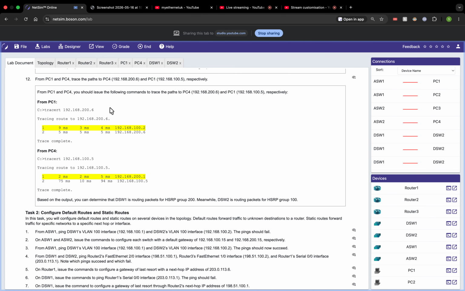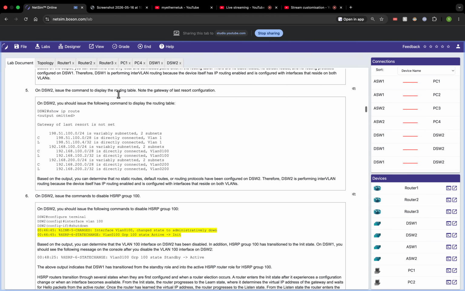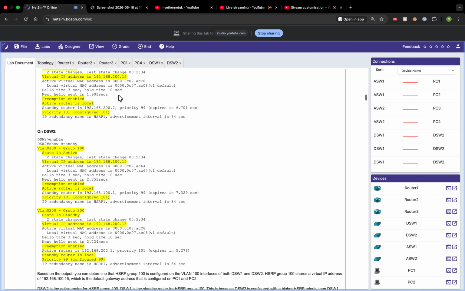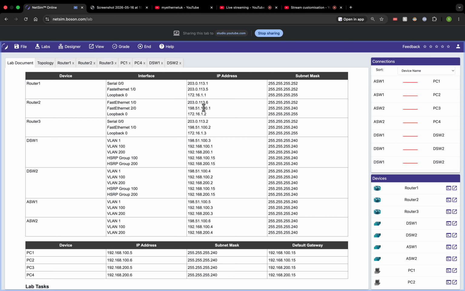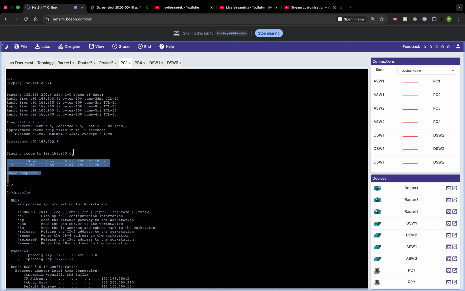Sorry, I'm doing it from the wrong place. Let's do another traceroute to 100.5. So PC4 wants to talk to PC1. You can see it's still using the same route. Nothing really changed, because remember PC1 is in VLAN 100 and it's not going to change the route for that.